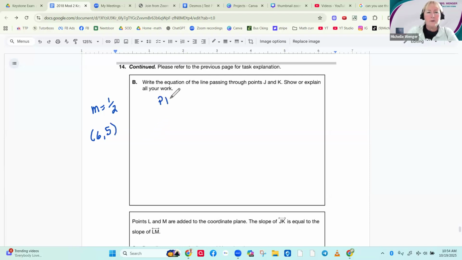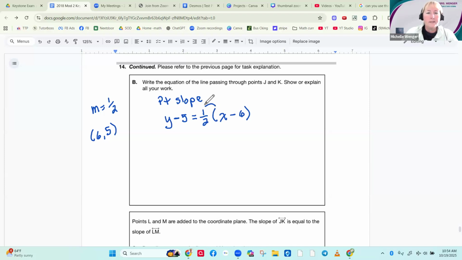And then you're going to use the point-slope formula because all you need is a point and a slope. So that would be y minus your y value in the point, which is 5, equals your m value, which is 1/2, times the quantity of x minus the x value in the point. They don't tell you how to leave it. This is actually an equation showing that line that passes through these 2 points, but a lot of times they're not stating it.